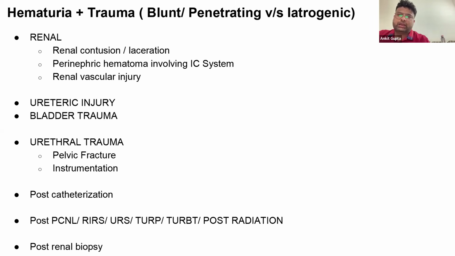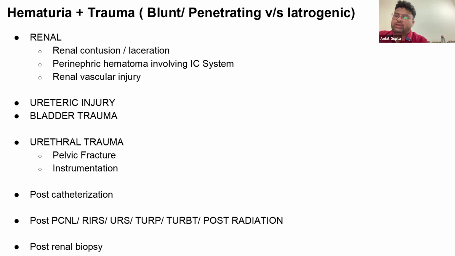If after 48 hours the hematuria is continuing, then, if we have the facility of hyperbaric oxygen, we will give hyperbaric oxygen therapy. How many cycles? Sir, usually 30 to 40 cycles are given over a period. Okay.